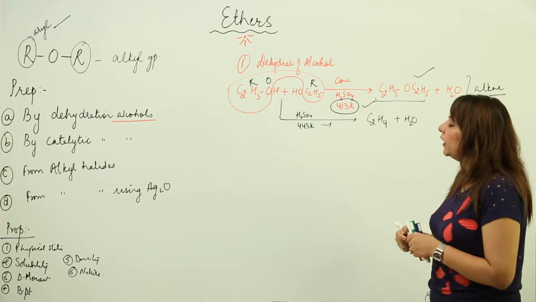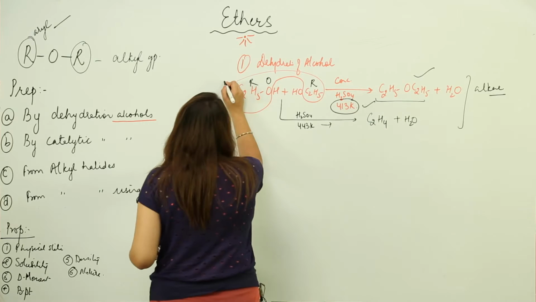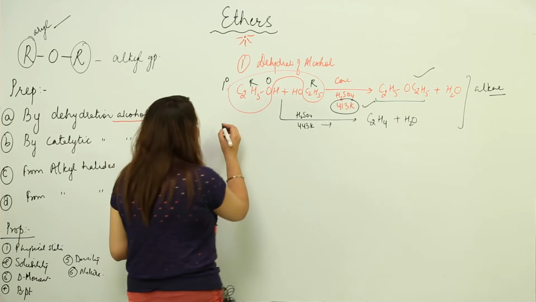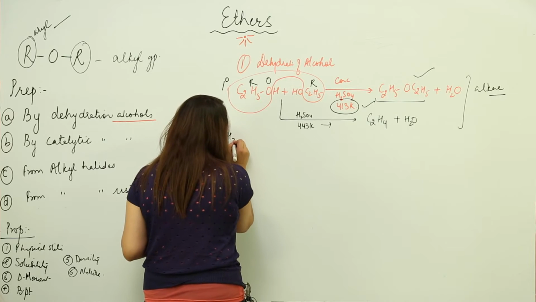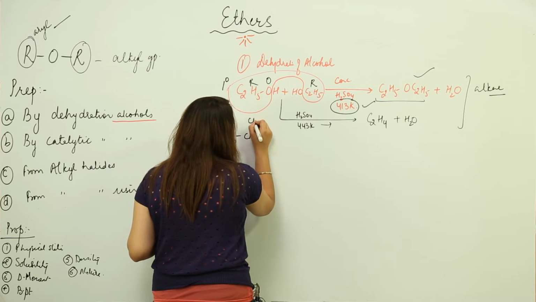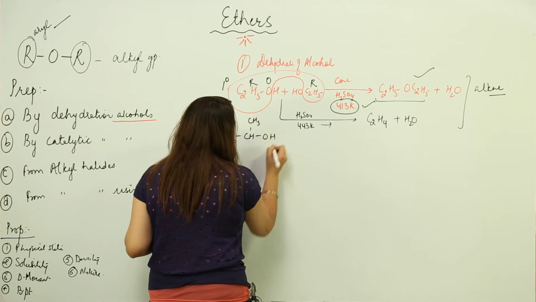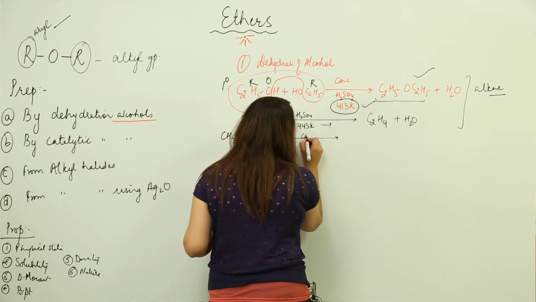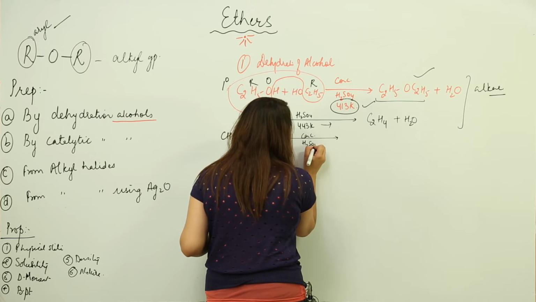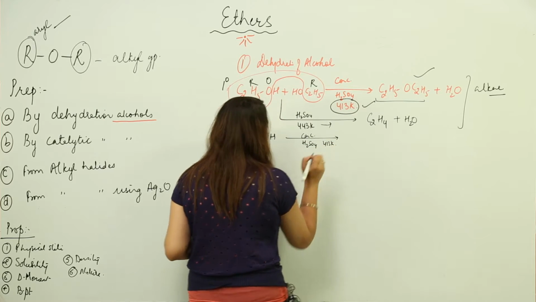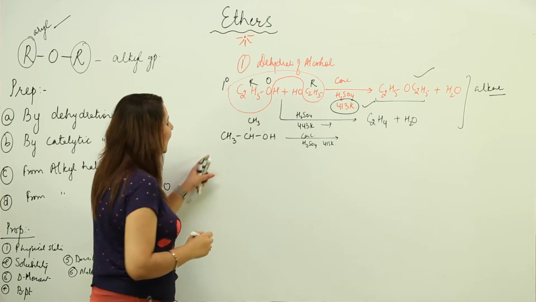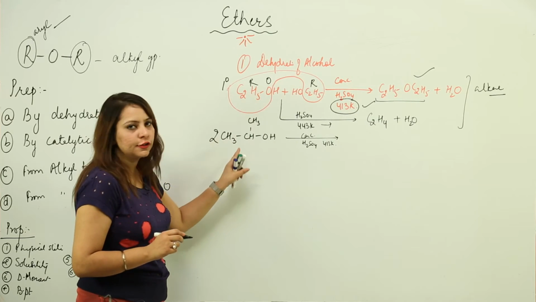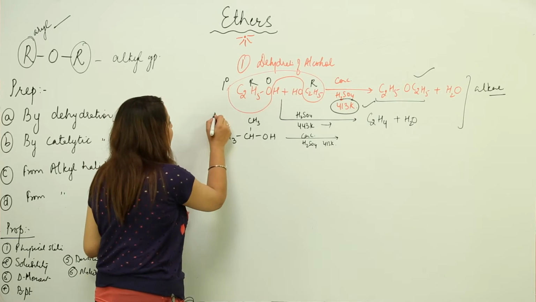In this method I have taken the primary alcohol. But if I take a secondary alcohol, let us take it first, then I will explain what the harm is in taking a secondary alcohol. Suppose I have this secondary alcohol. I am going to dehydrate it in the same way, with concentrated sulfuric acid at 413 Kelvin. Suppose I take two molecules of alcohol, but it is a secondary alcohol.